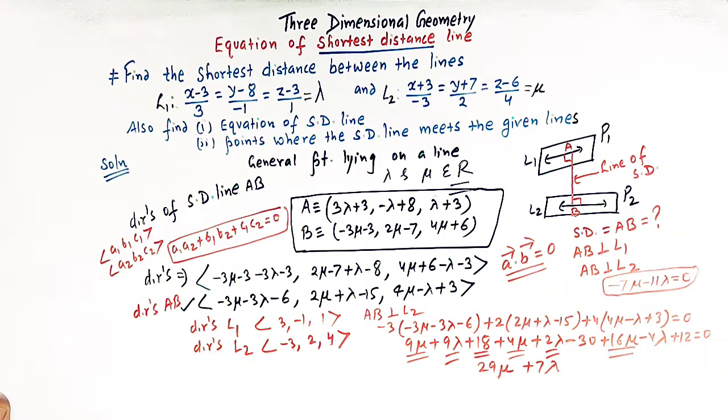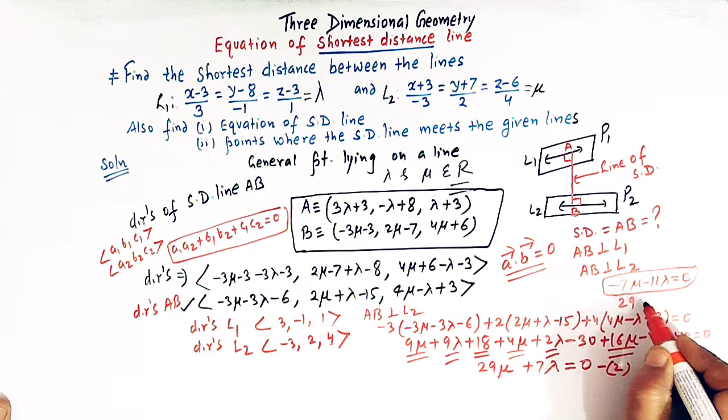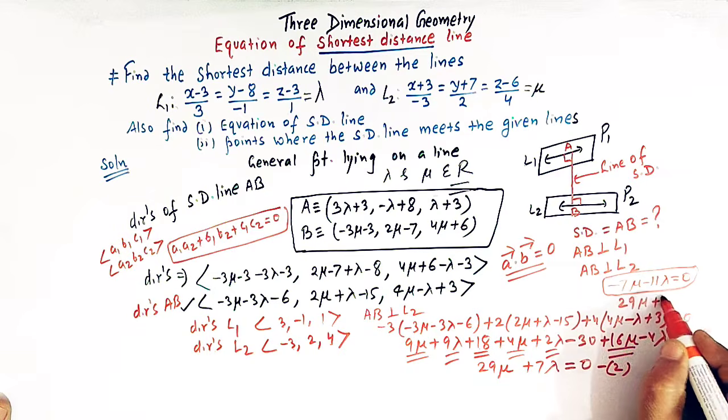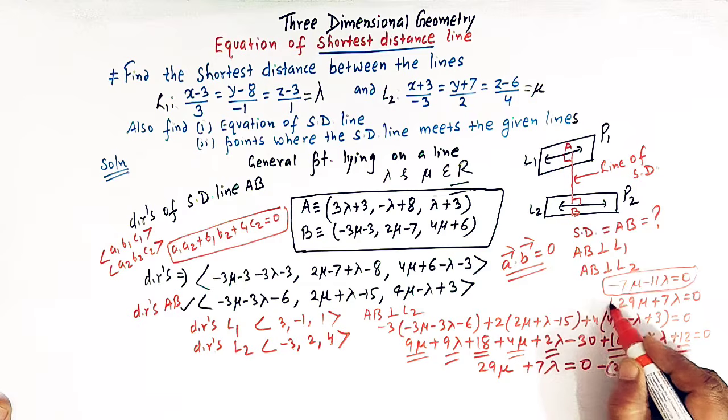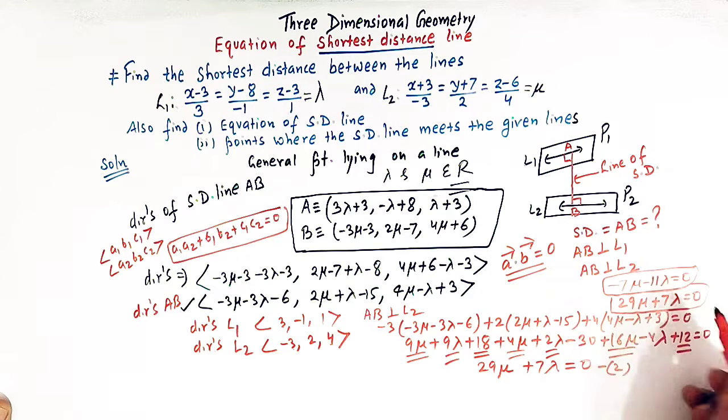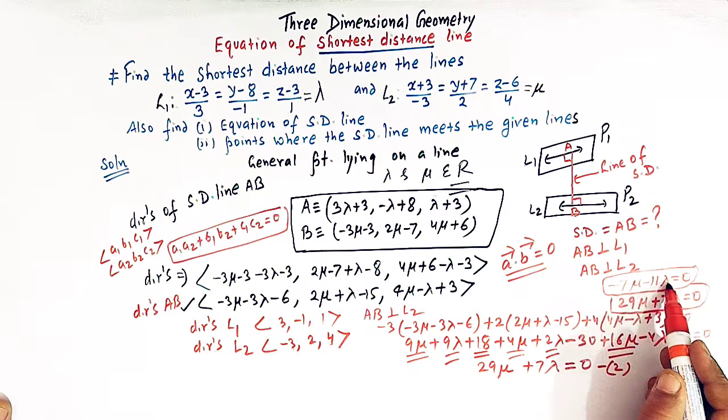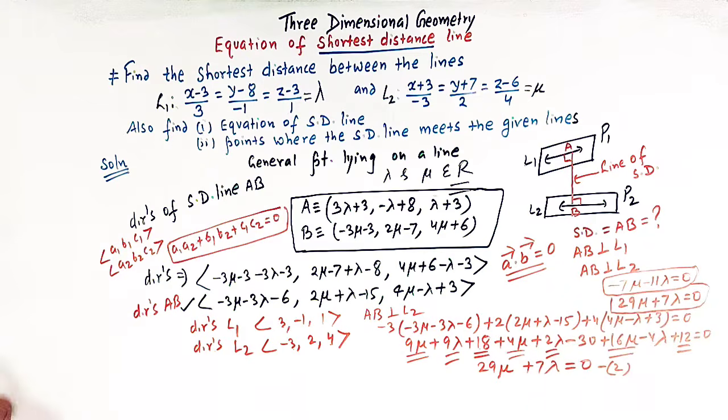Here we have 18, here we have 12, so 18 plus 12 is 30, so 30 and 30 get cancelled, so this is equal to 0, right? So we have another equation, that is 29 mu plus 7 lambda is equal to 0, right? So now we have two linear equations in mu and lambda. So let us solve these two equations for lambda and mu.